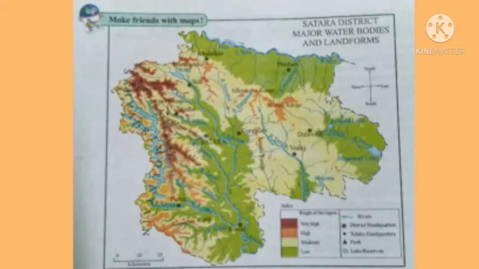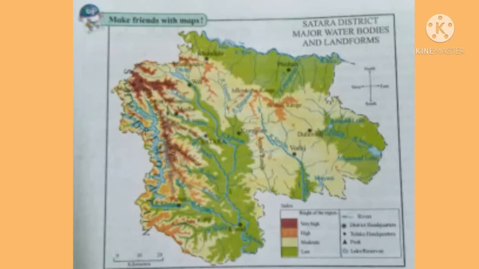And again the index shows the rivers, district headquarters, taluka headquarters, peaks, lakes or reservoirs. So here in the Satara district we can see that its topography is undulating. In this region lies the extensive Shivsagar reservoir of the Koyana Dam.